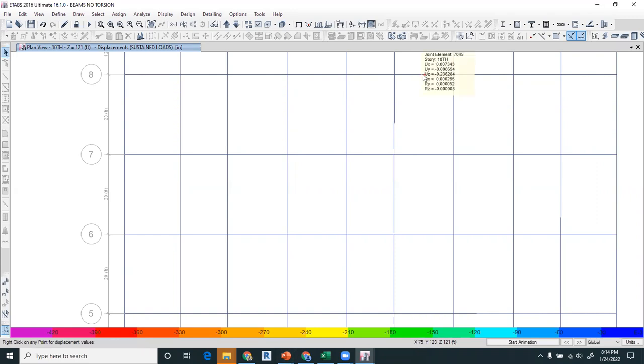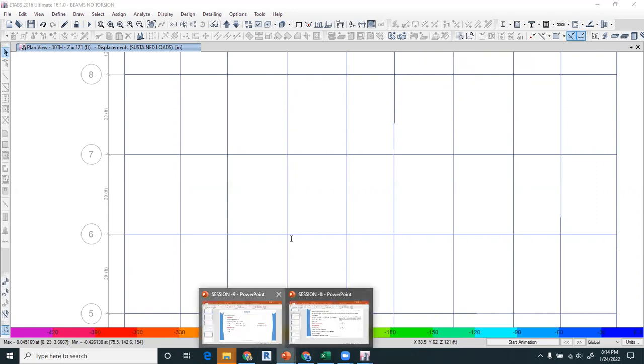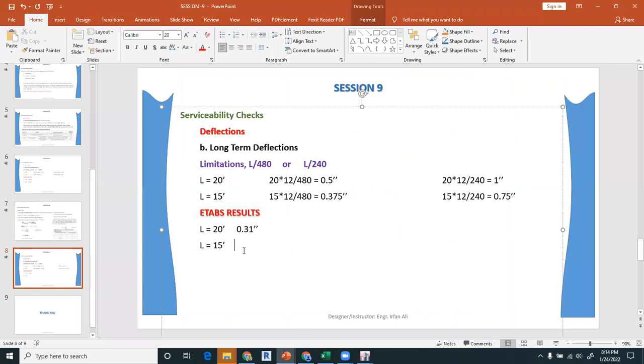You can see 0.24. So 0.24 inches. This is the delta sustain value for our beams.